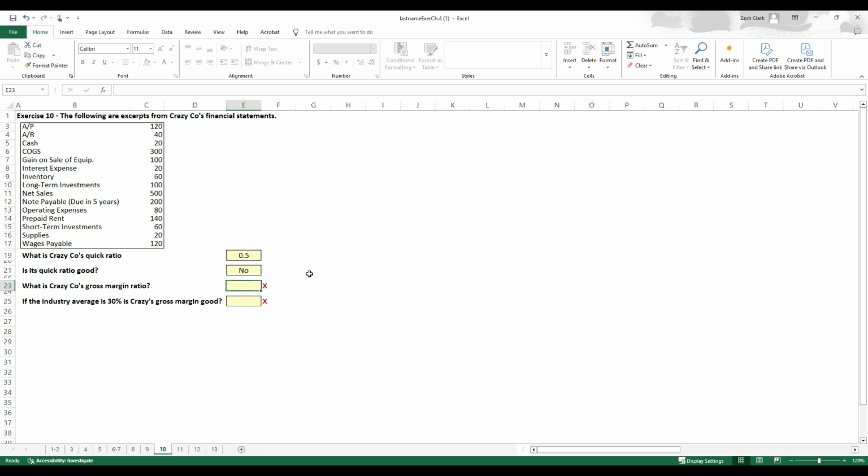Okay, what is Crazy Co's gross margin ratio? So here we've got net sales. Remember, that's gross sales minus returns and discounts, and that equals 500. Let's do the formula and see if that works, to come out to a percent. So net sales divided... Let's see.